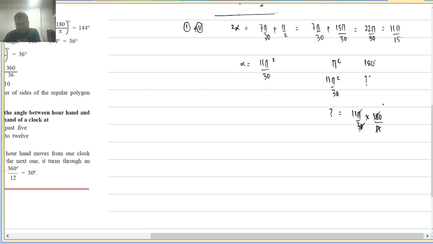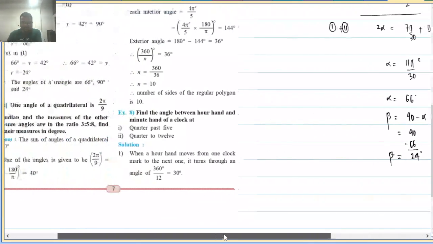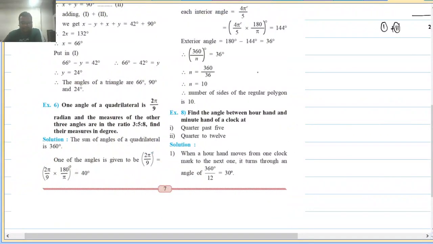So 6 times 11 is 66. So I got alpha as 66 degrees. So beta will be 90 minus alpha, which is 90 minus 66, which is 24 degrees. So what are the angles in degrees? 66 and 24. Okay.